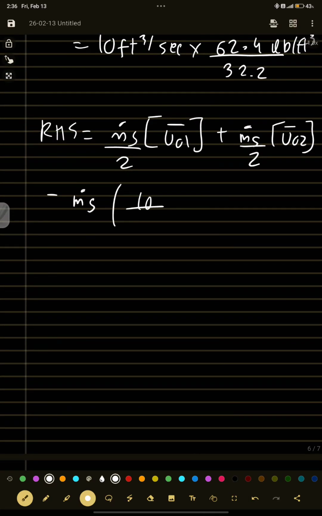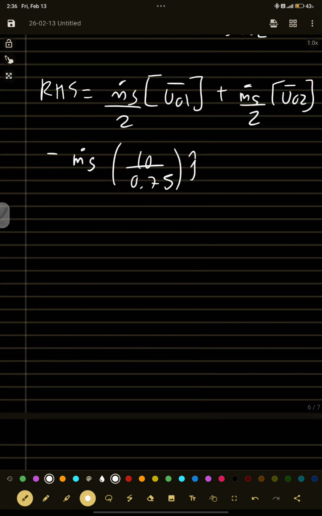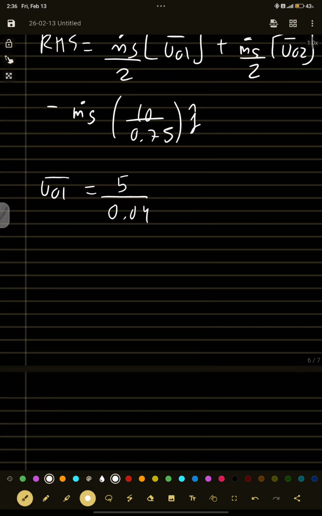You need to resolve U naught 2, but it is in vector form. So no harm here, but yes, you have to do that. U naught 1: first find out U naught 1. So it is 5 by 0.04. And what is U naught 2?